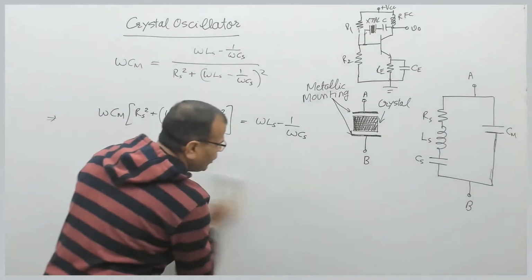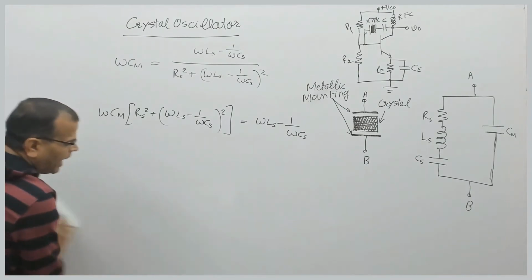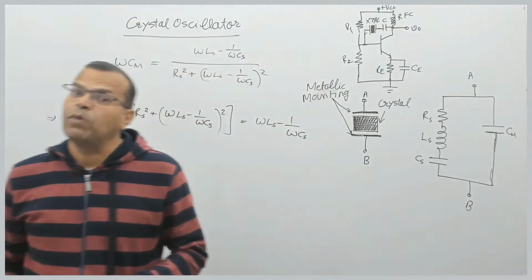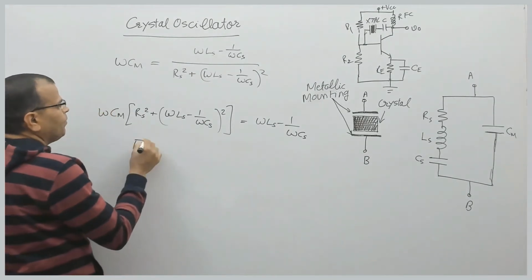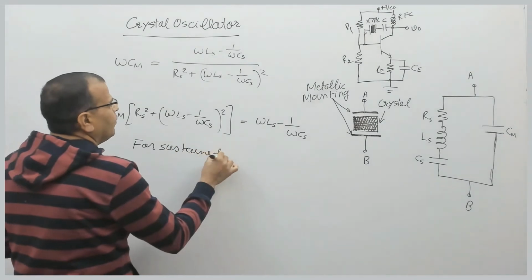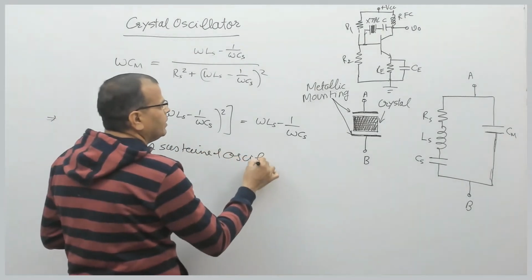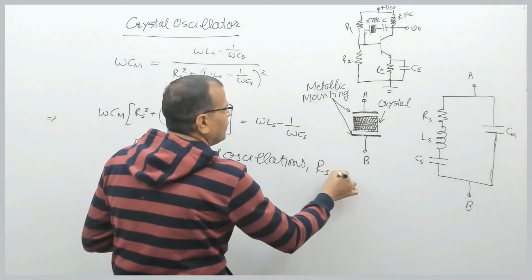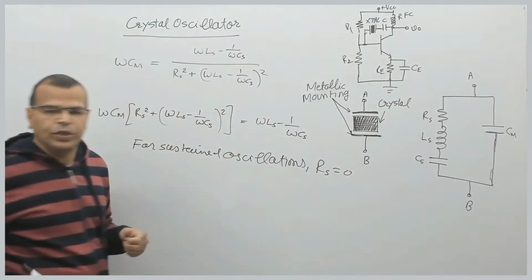For sustained oscillation, resistance should be kept as small as possible. The molecular friction in the crystal should be as small as possible. So for sustained oscillations, your Rs should be almost equal to 0, right?